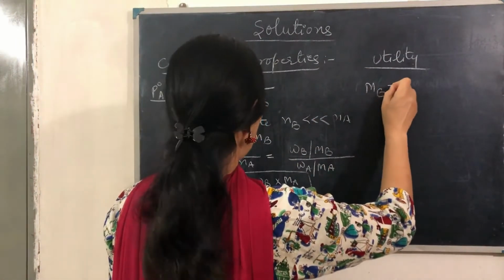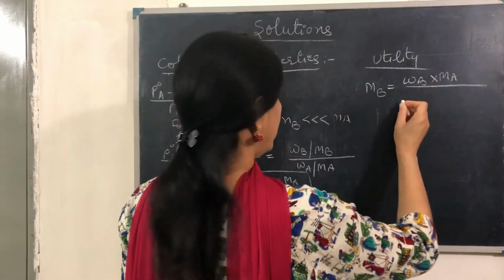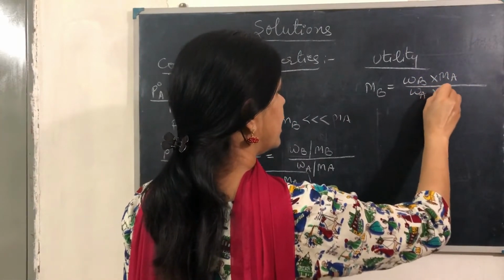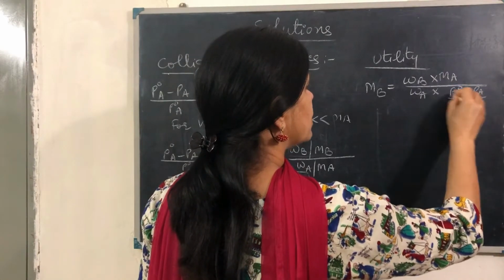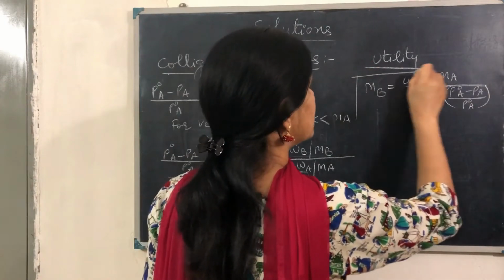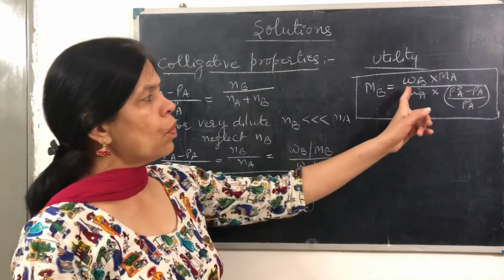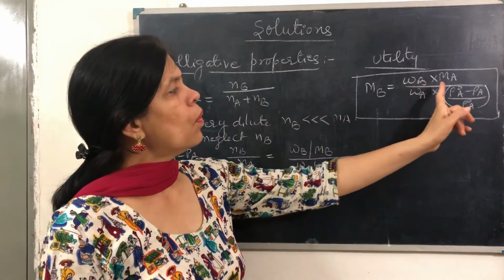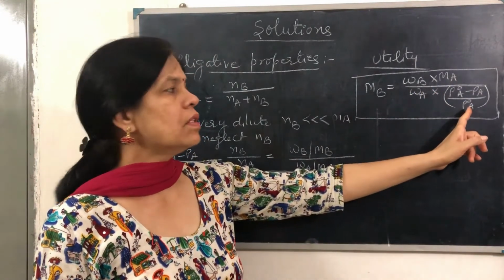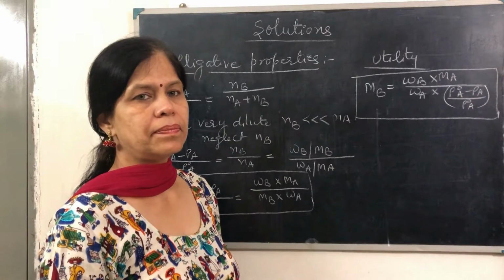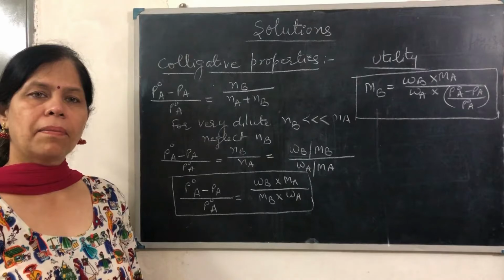So MB can be written as WB into MA upon WA into P naught A minus PA upon P naught A. In this way, we can always find out the molar mass of solute if we know the given mass of solute, molar mass of solvent, and given mass of solvent, as well as the value of this colligative property. This is about the first colligative property.